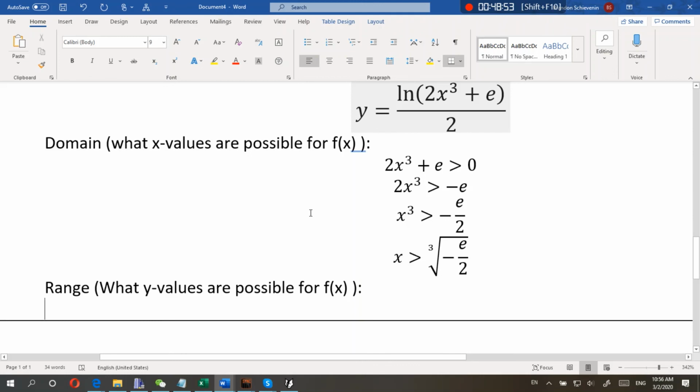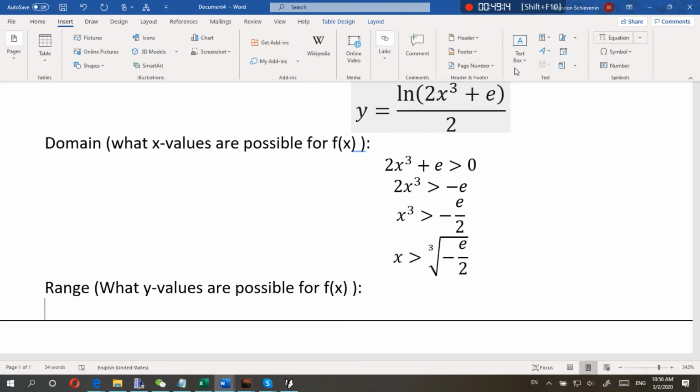So for my range for this, my smallest possible y value is going to be what happens if I take my limit as x approaches this value but is larger than it. And then my largest possible value, natural log keeps increasing forever, so it'll actually be infinity.